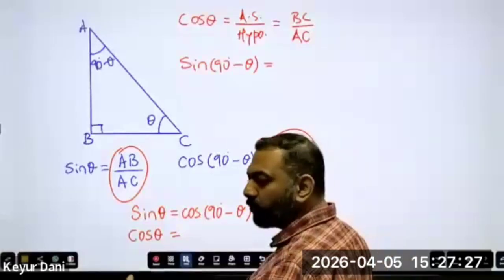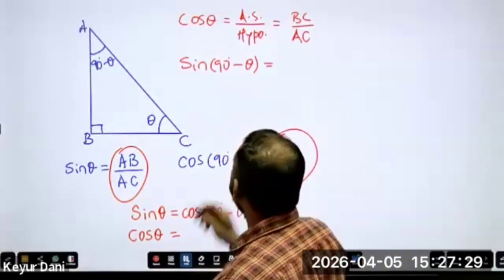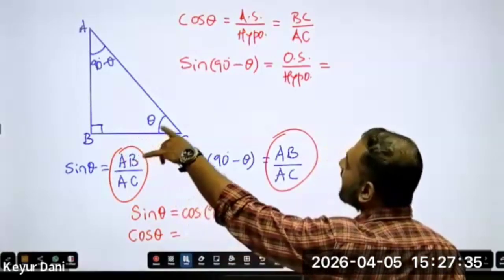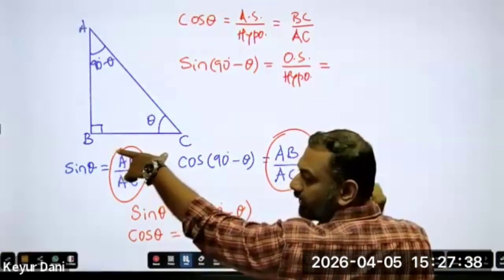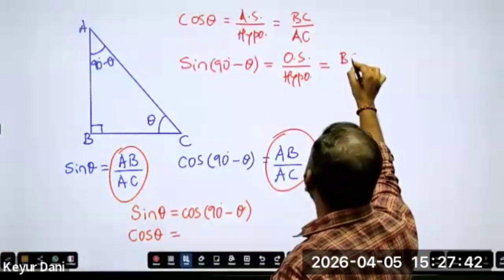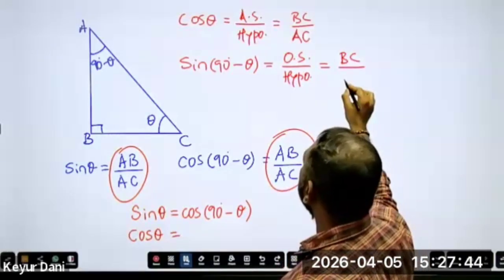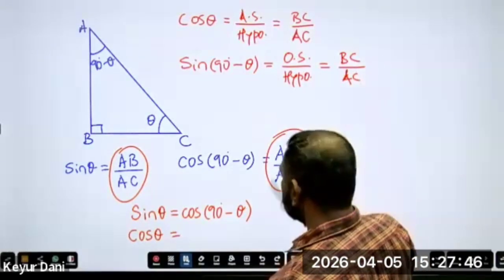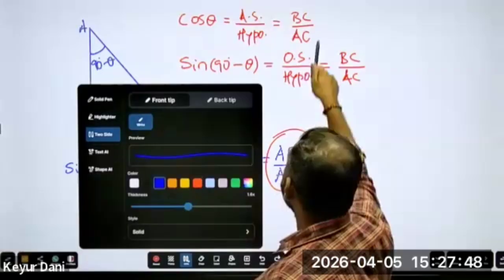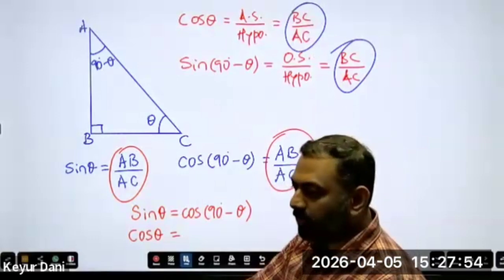Sine is opposite side upon hypotenuse. For 90 minus theta, the opposite side is BC, and the hypotenuse is AC. Now check these two. BC upon AC, BC upon AC, both are equal.